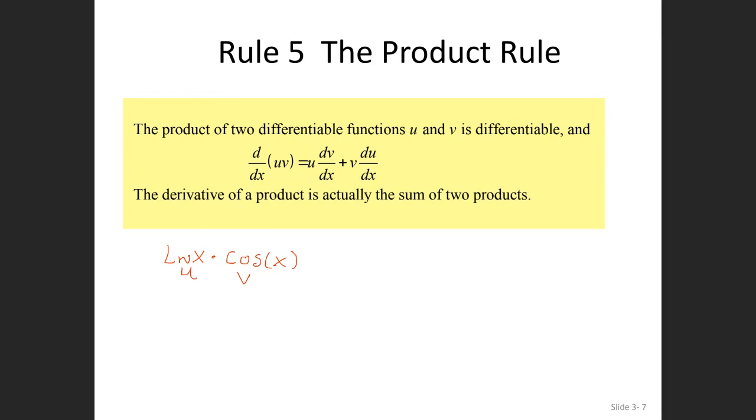So what is the derivative of the natural log of x times cosine of x? If this is my function, y is equal to that, then what is y prime equal to?